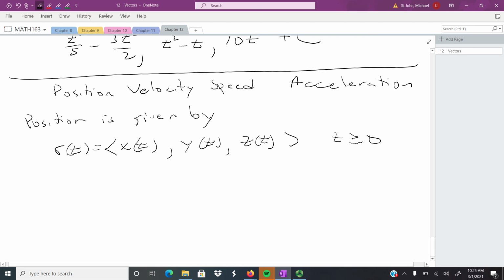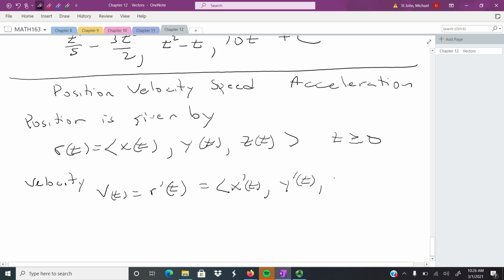Well, then the velocity, v of t, is just the derivative of the position, and so this will be x prime t, y prime t, z prime t.